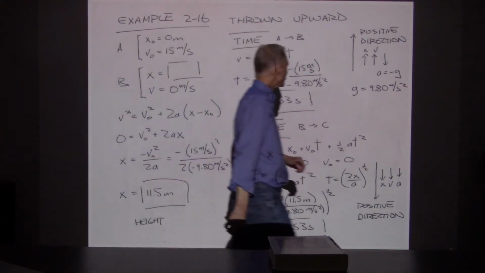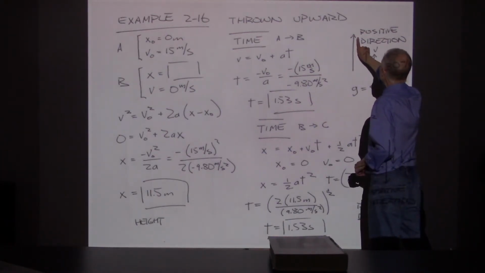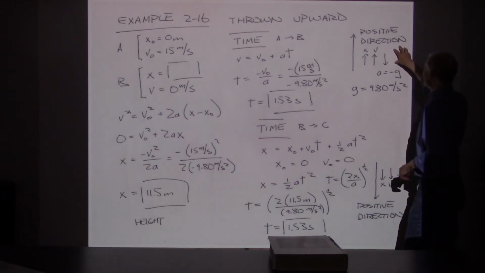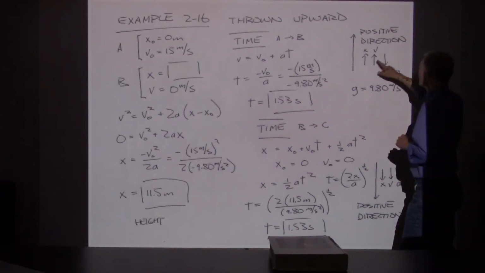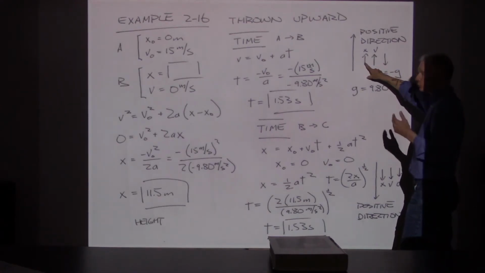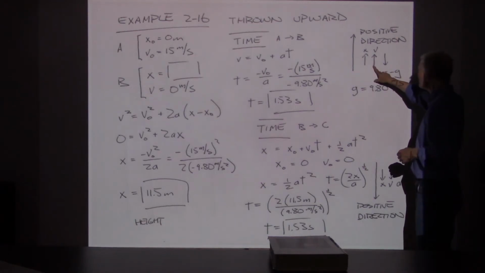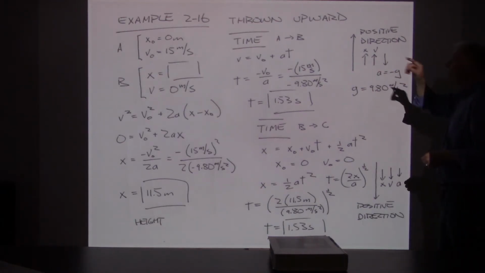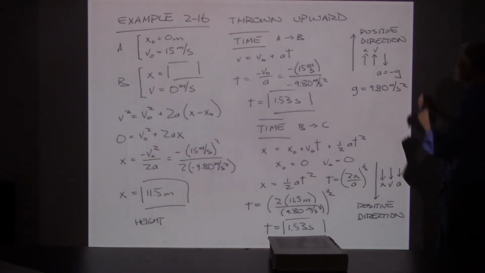I should point this out too. We saw that picture before. Since this thing is being thrown up, on this problem I'm going to go ahead and use upwards to be the positive direction. So that means that the x values should all turn out to be positive. Now the v values, the initial velocity is 15, and that's plus, because we're saying upwards is positive.